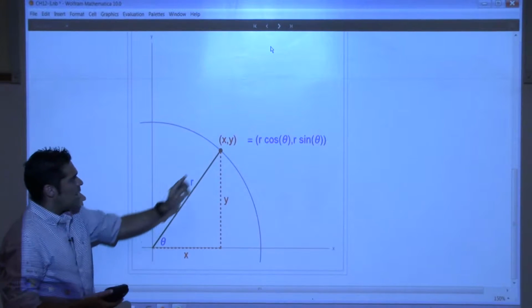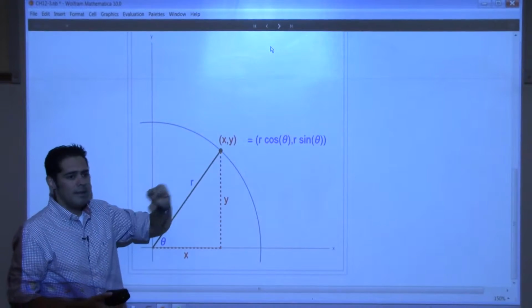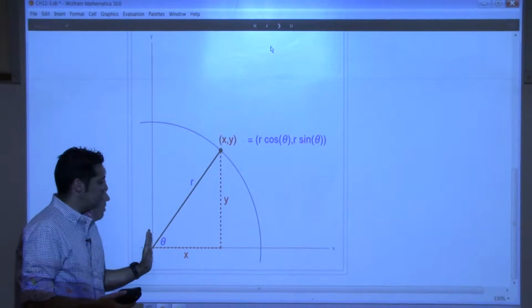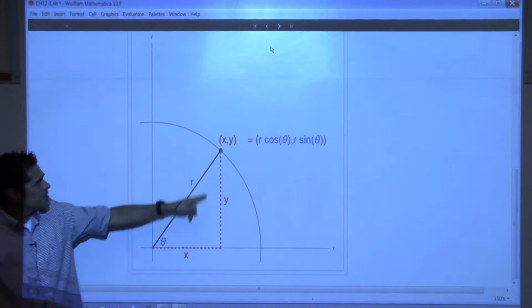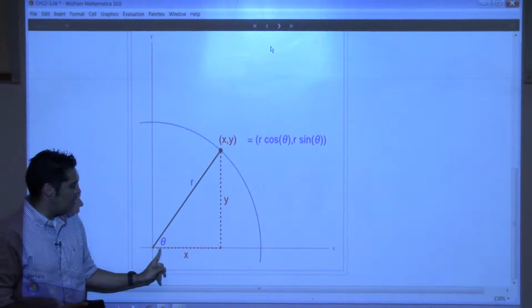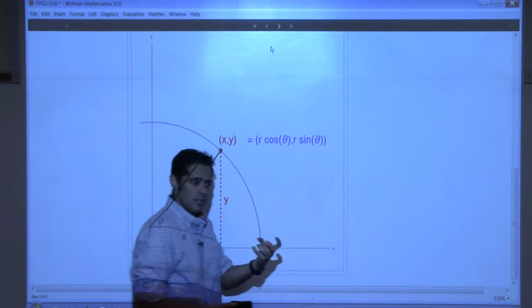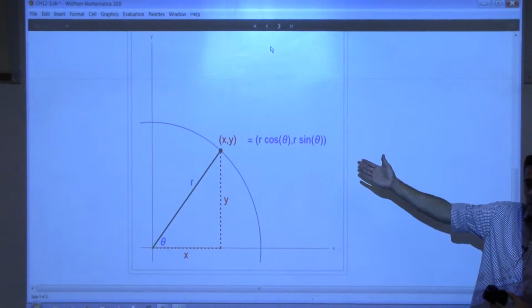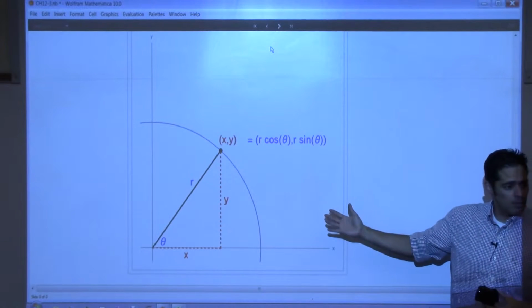To describe a point in Cartesian 2-dimensional space, the x and y values tell us how far we would travel in the direction of the x-axis and then the y-axis respectively. So if this was 2, 3, this would mean go out this way 2 and up 3, right? That's Cartesian coordinates. And when you're in 3-dimensional space, it's x, y, z, right? And you have 3 axes as opposed to 2.